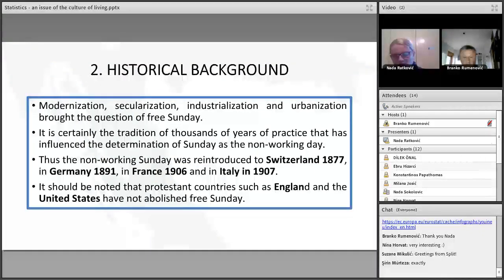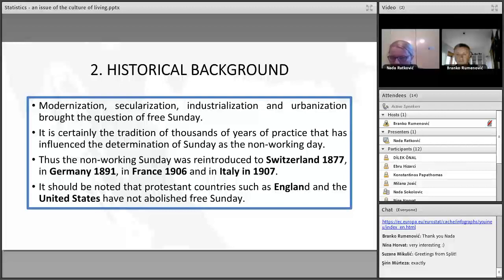Here is a historical background. I will tell a little about that. Modernization, industrialization, and urbanization brought up the question of Free Sunday. The situation is not only in Croatia but in many European countries.